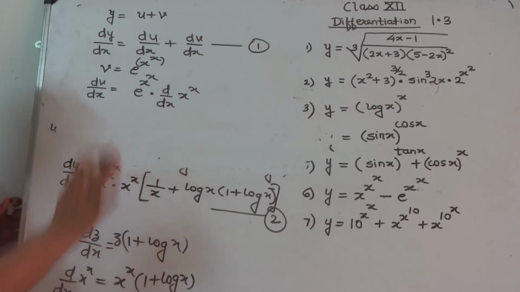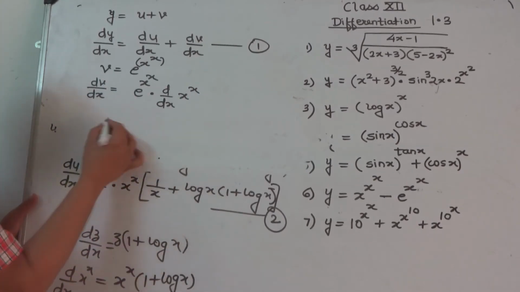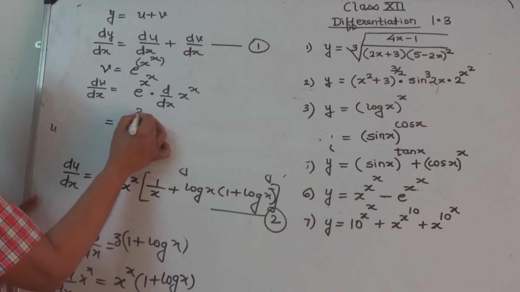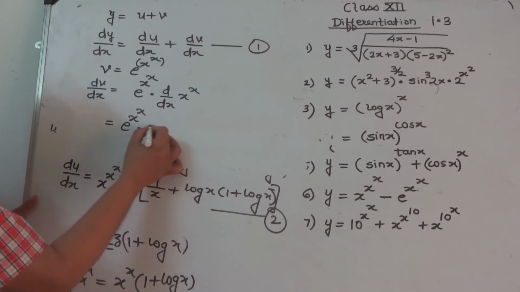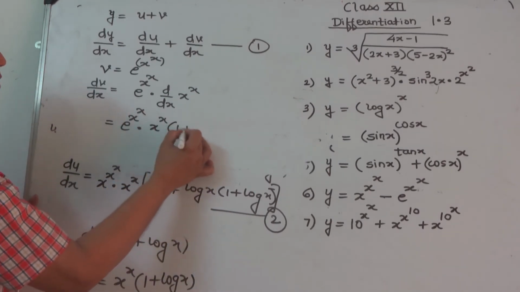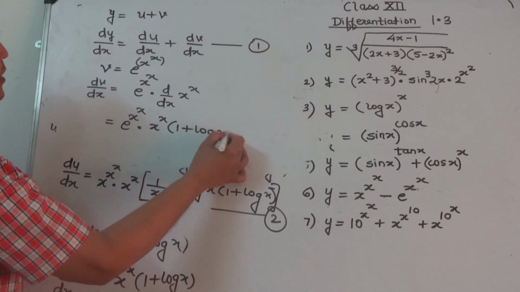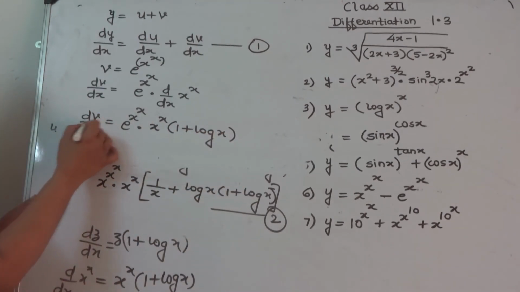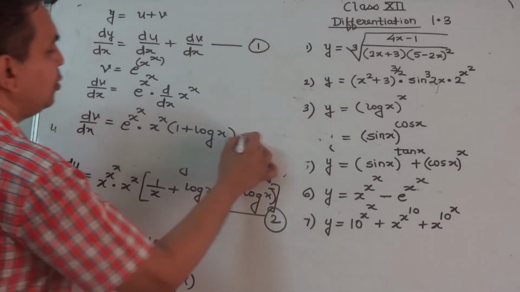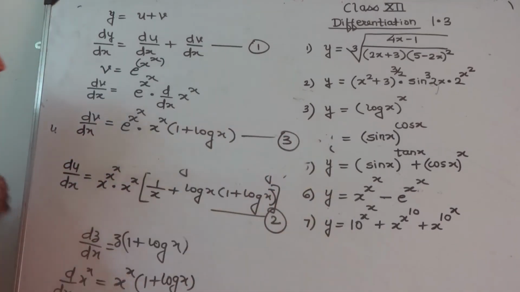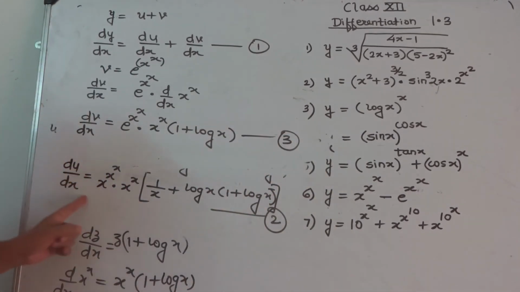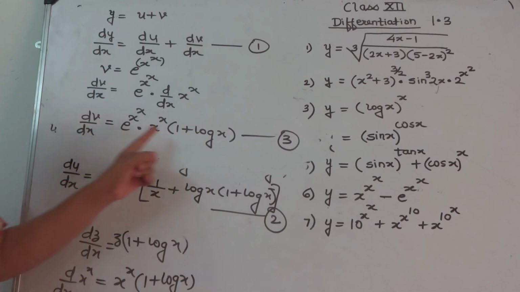Now the derivative of x raised to x we have already found here. So it is e raised to x into x raised to x bracket 1 plus log x, and this is dv by dx number 3. This is du by dx, this is dv by dx.